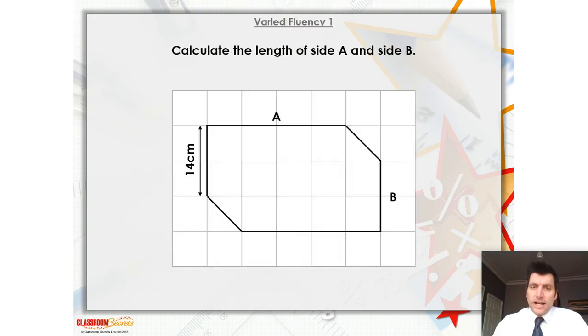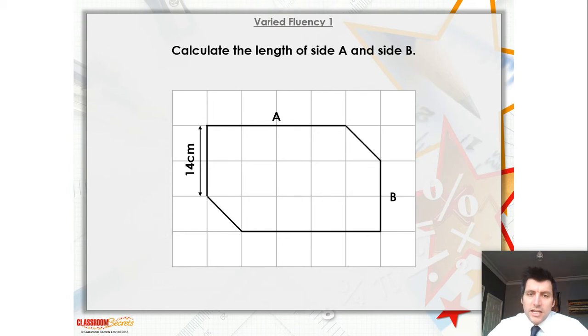Okay, right, guys. Now, as I say, today we're thinking both about angles and about length, and we're trying to recall what we know. So, looking at this piece of work, we've got some information, but not lots. We've got here a six-sided shape. So we've got an irregular hexagon.